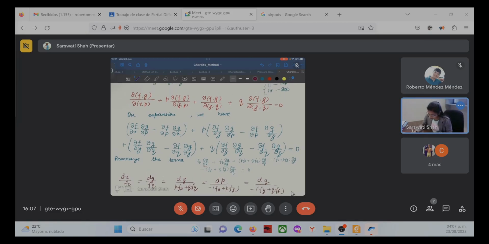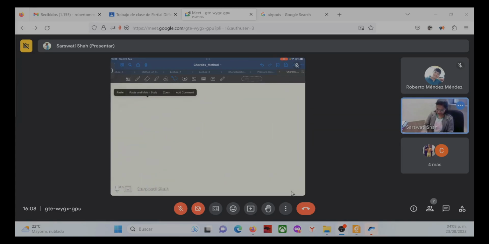So this is your Charpit equation. Now there is a relation between the Charpit equation and the characteristic method. So this is your Charpit's equation.